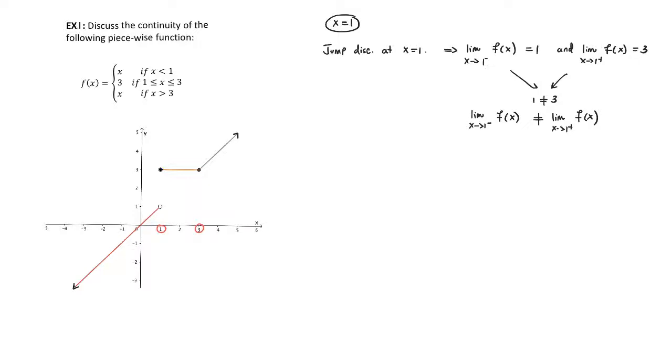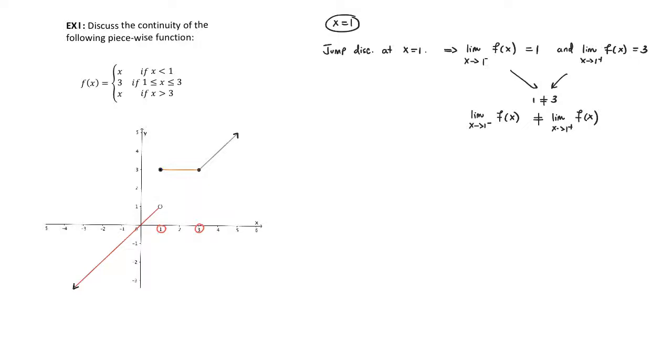Now, something really nice to notice is that this function is right continuous at 1. It is not left continuous at 1 because the limit exists, but at 1 the value of the function is not 1, it jumps all the way to 3. So it is not left continuous, but it is right continuous.